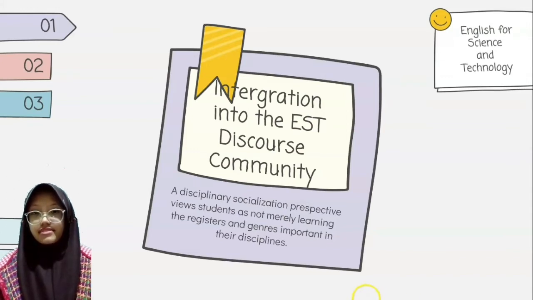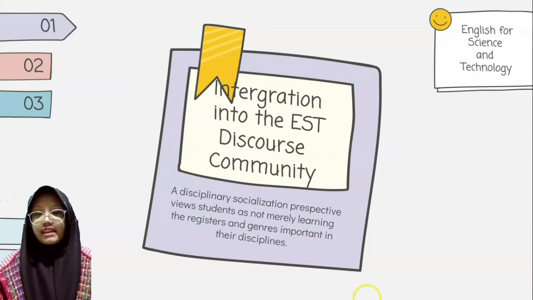Attention has been paid to professional engineers' team meetings. Angouri in 2010 compares recordings of engineers' meetings with their representation in ESP textbooks.